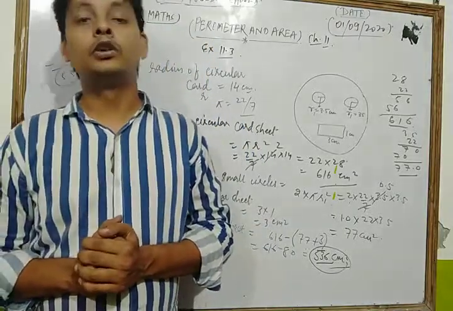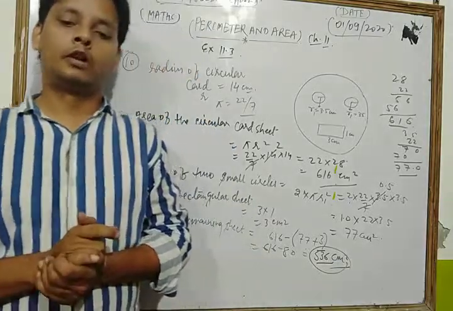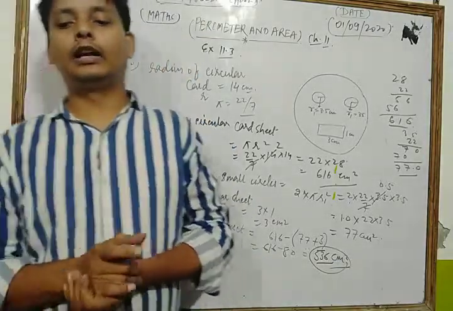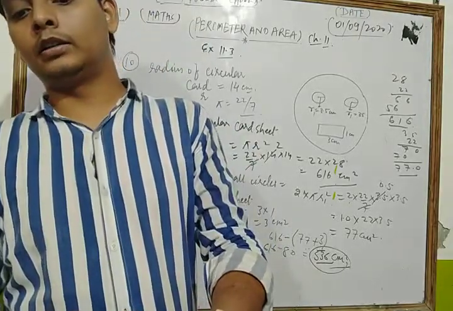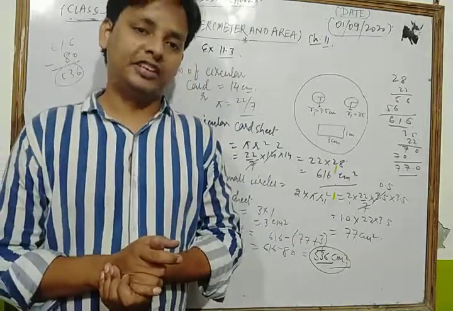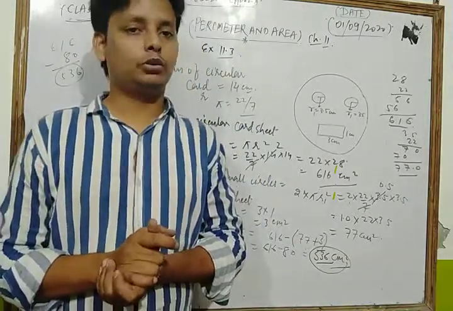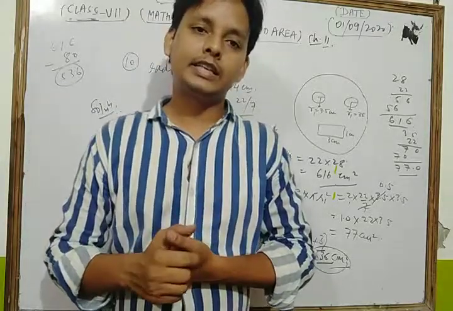In the next class we will solve some more important questions from this exercise, and also discuss some other concepts and solve questions based on the applications of these figures. Now first revise all the questions we discussed in this class and complete your NCERT exercise.